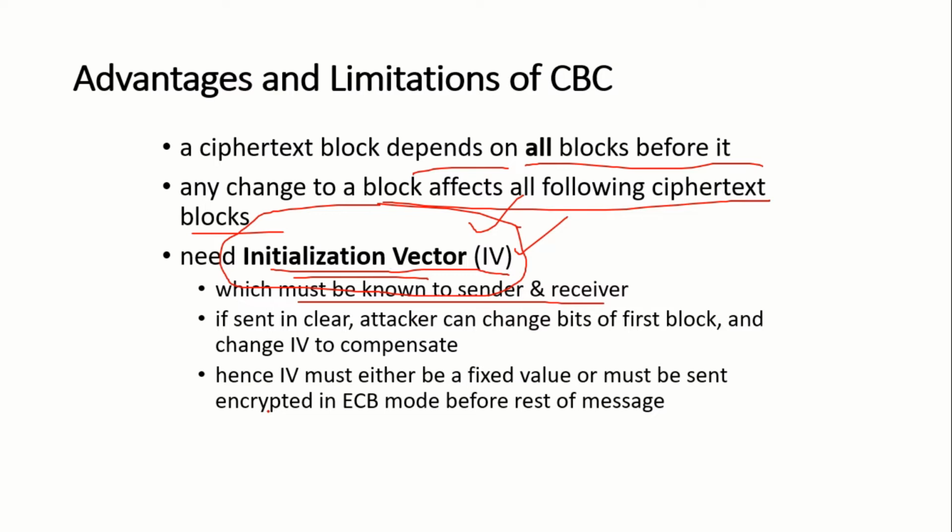Fine. It can either be a fixed value or must be sent encrypted in ECB mode before the rest of the message. So we can have a fixed value for it or random bits for initialization purpose, for putting the bits into the initialization vector.